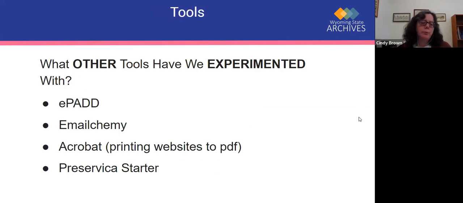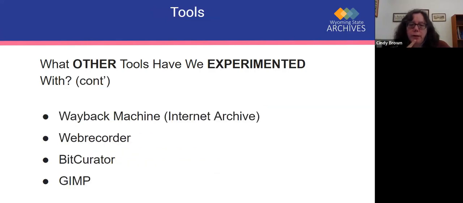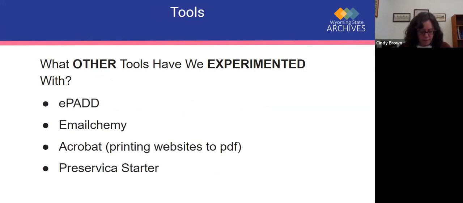Okay, so these are some tools we played with when I was playing with how to handle emails. ePad is one of the primary open source tools. It helps with appraisal, processing, discovery, and delivery of email archiving.